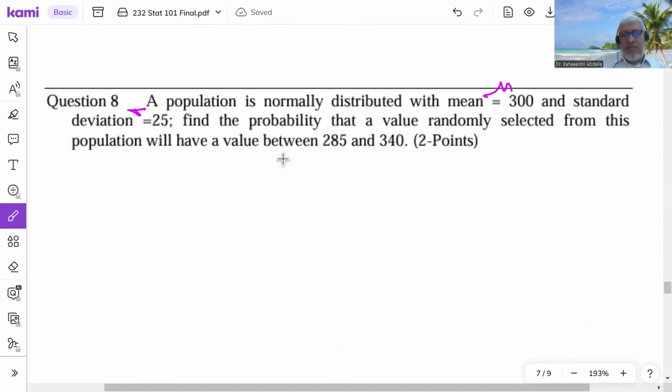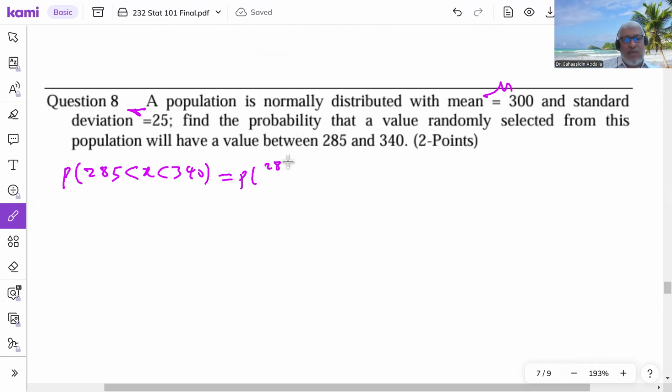A population is normally distributed with mean and standard deviation. Find the probability that a value randomly selected from this population will have a value between the given numbers. This is similar to one of the multiple choice questions. I need to find the probability that x is between 28.5 and 340. So I need to change it to z, the standardized normal.